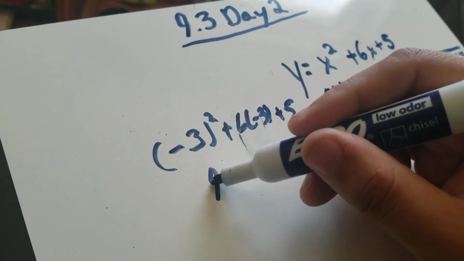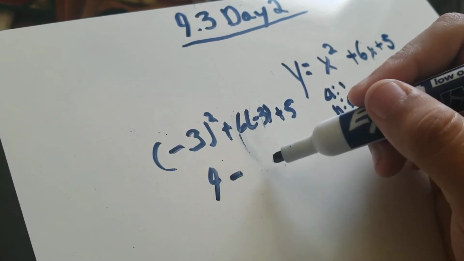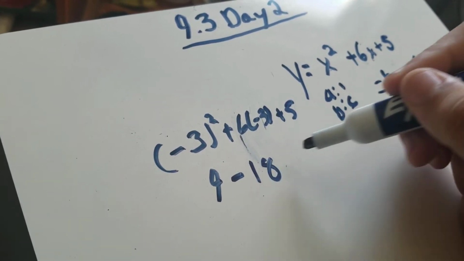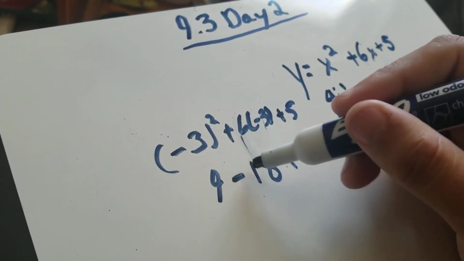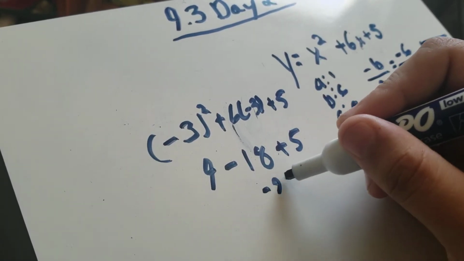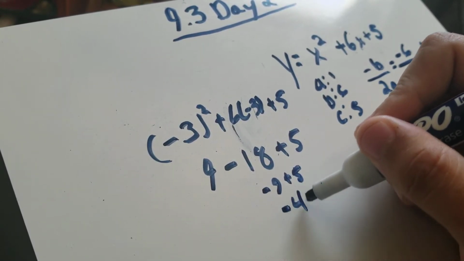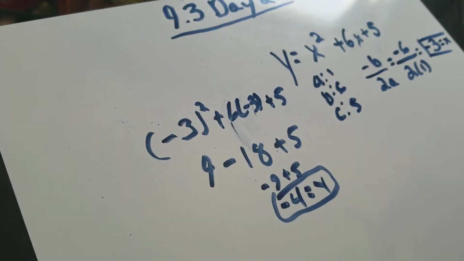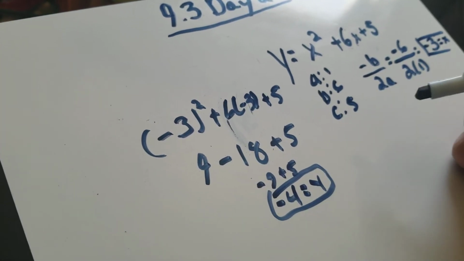Negative 3 squared happens to be a positive 9, minus 18 plus 5. 6 times negative 3 is negative 18. Negative 9 plus 5, we get negative 4 equals y. So your x and y is negative 3, negative 4.